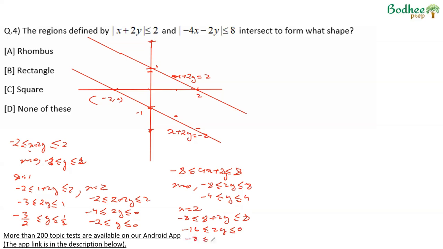Divide by 2: minus 8 less than equal to y less than equal to 0. So when x is 2, y will go from 0 to minus 8. And therefore, in this case, we'll again get two parallel lines, which will be passing through 4 and 2.